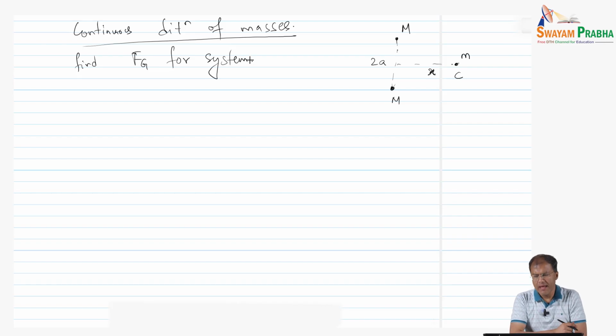Okay. So we have already seen from the law of gravitation that the gravitational force always acts along the line joining the two particles, right? So we will have a set of two gravitational forces which we have to add to find the net answer.